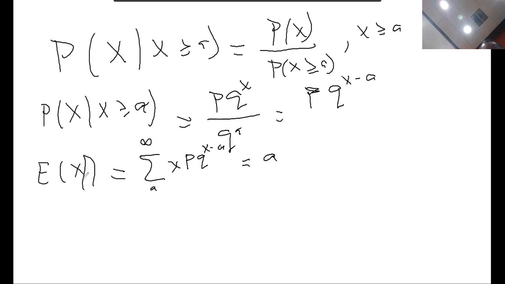Okay, you should know that this was P of x given x greater than or equal to a. I didn't write it completely. That's why we are starting at a. So it will be a times what? Plus a plus 1 times P times q to the a plus 1 minus a.